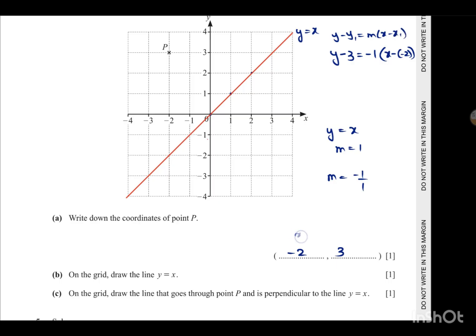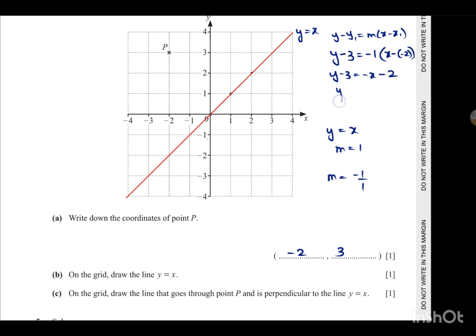This is taken as x1, y1 = -2 and 3 because it is passing through this point. Now solve it. y minus 3 is equal to minus x. Minus of minus becomes plus. Minus 1 into plus 2 will be minus 2.